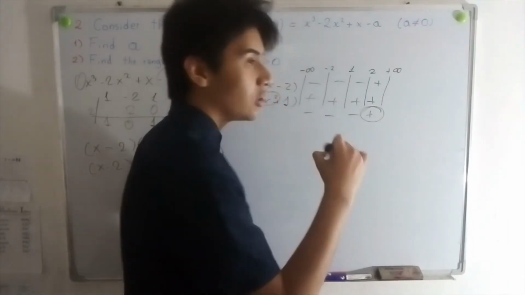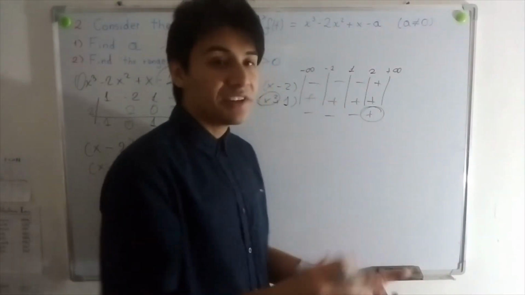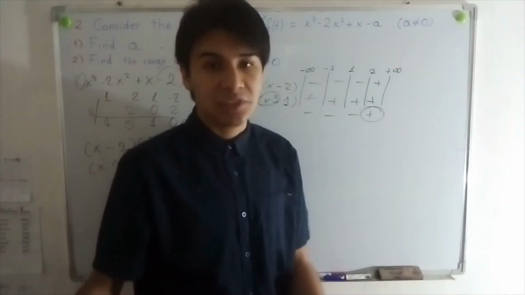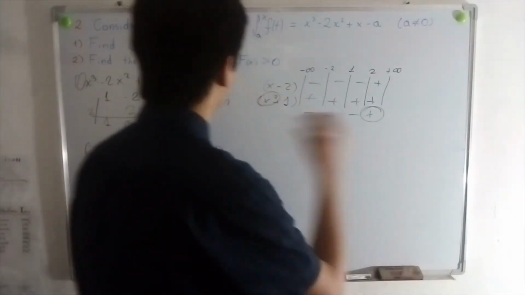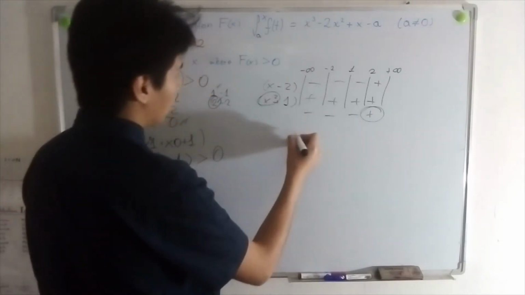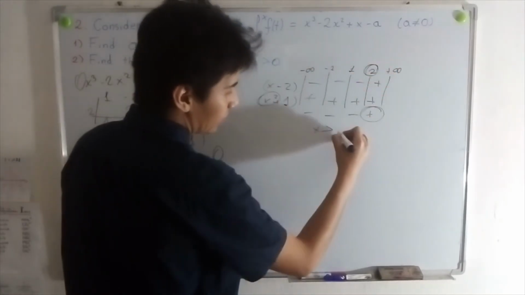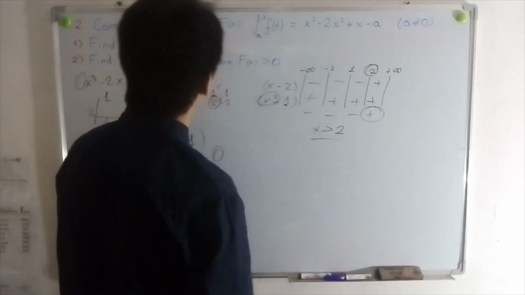So that is greater than 0. So that is positive, because greater than 0 is the same as saying that it is positive, and that is the range of x. x is greater than 2.